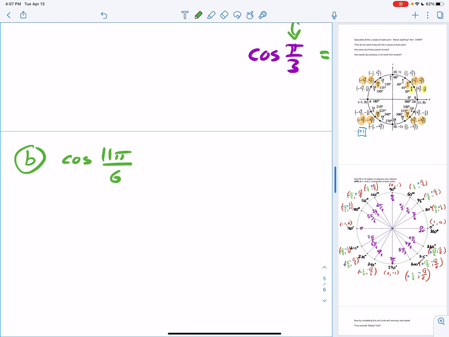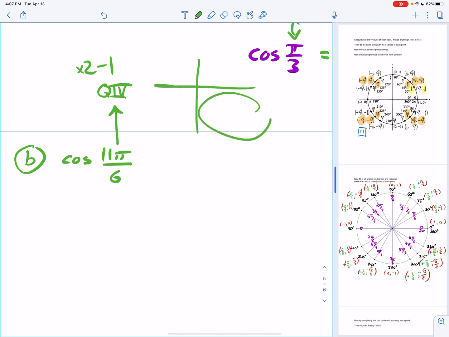So first off, I know that 11 pi over 6 is definitely something in quadrant 4 because it's double minus 1. This is what I'm thinking in my head. So I'm in quadrant 4, somewhere over here. So I know that all students take calculus, so cosine comes out positive. So I know that this is going to be positive something.